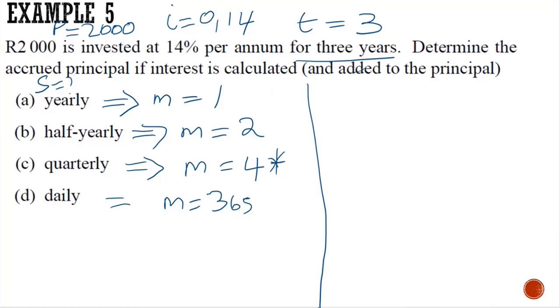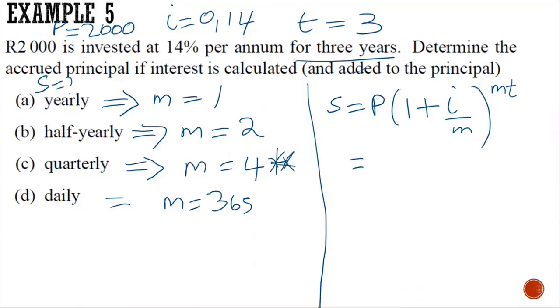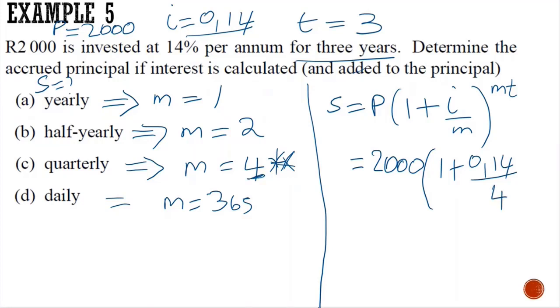So your S is equal to P into (1 plus i over m) to the power mt. Your P is 2,000 into 1 plus your interest rate, 0.14, which needs to be converted by dividing by the number of compounding periods, which is 4.